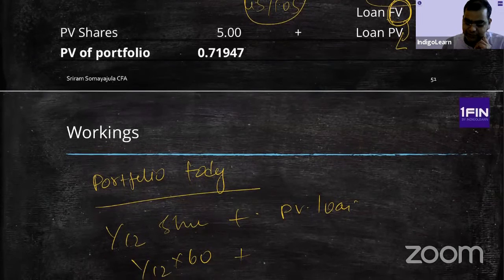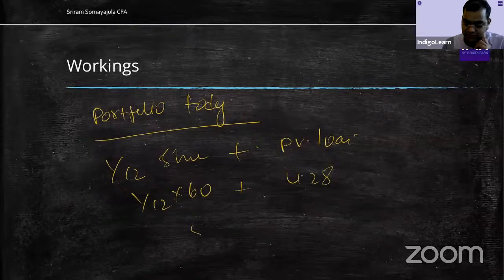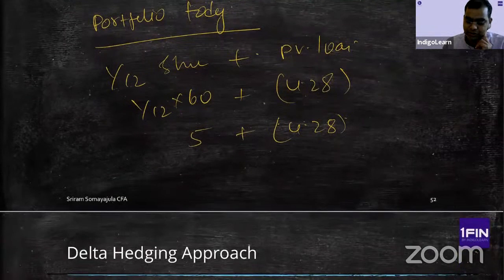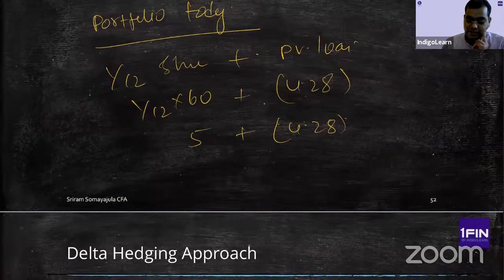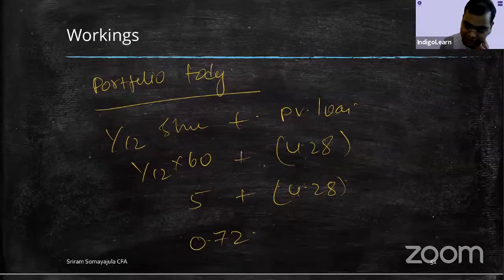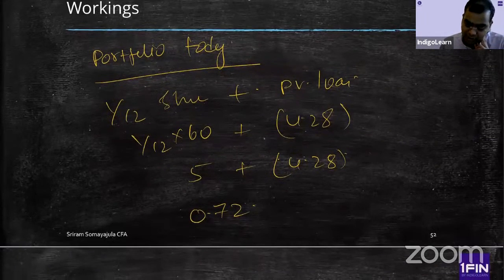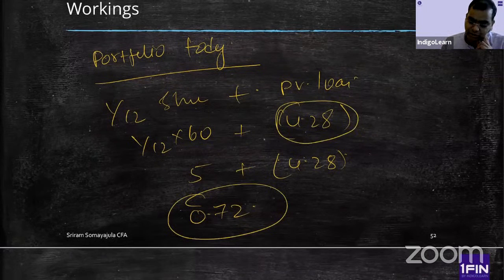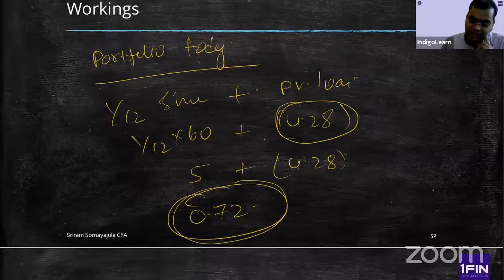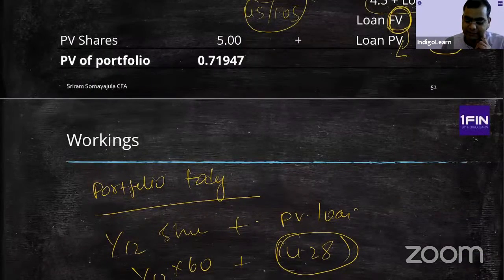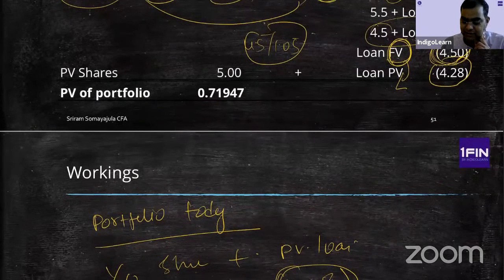So 5 minus 4.28, since the loan is negative, is 0.72. If you take a loan of such an amount, then the present value of the loan and the shares is actually the value of the option. So the present value of the portfolio is the value of the call option.